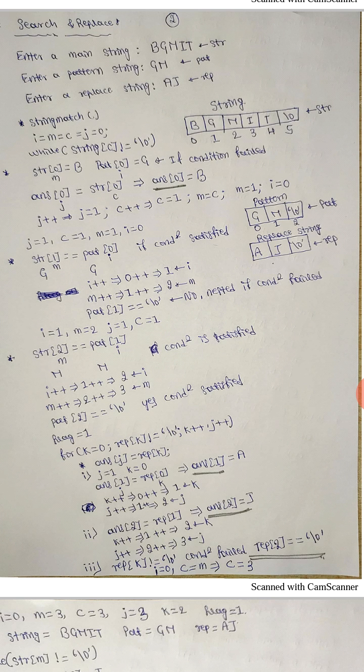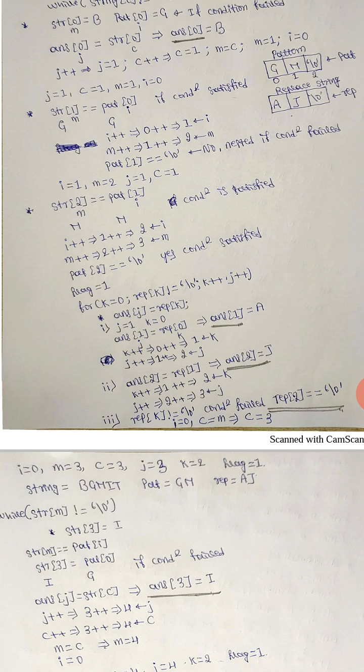After that, if you observe here, now answer of 1 equals replace of 0 because we are using a for loop. Here now the value of j is equal to 1 and k is 0, hence replace of 0, which is nothing but A, is copied to the answer, and that A is stored in the index value 1 of your answer string.